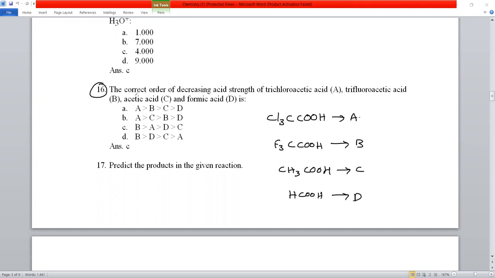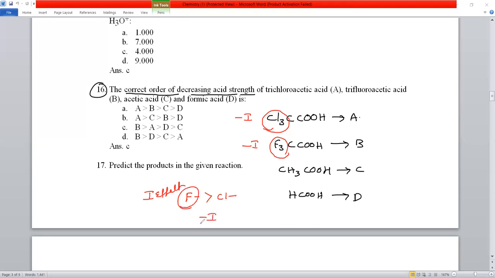And what they're asking here is the correct order of decreasing acidic strength. Since we know very well, here there is a withdrawing group, and here also a withdrawing group. The strength of the withdrawing group, the minus I effect, is more in both cases. Fluorine has greater strength than chlorine in the I effect, so this is a strong withdrawing group.